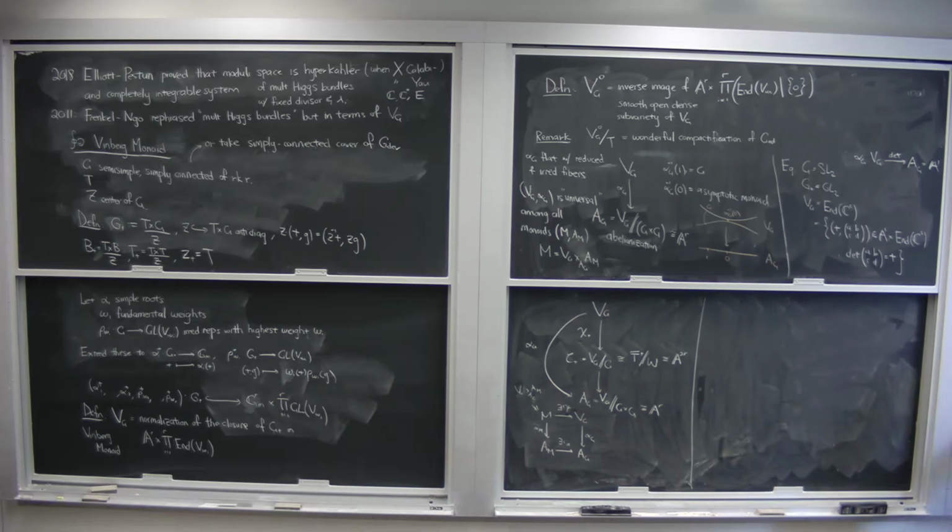Okay, so let's continue. I talked about the history of multiplicative Higgs bundles. I talked about multiplicative affine Springer fibers and the Vinberg monoid. And now one is wondering, how does the Vinberg monoid appear in these multiplicative affine Springer fibers? So let's do that.